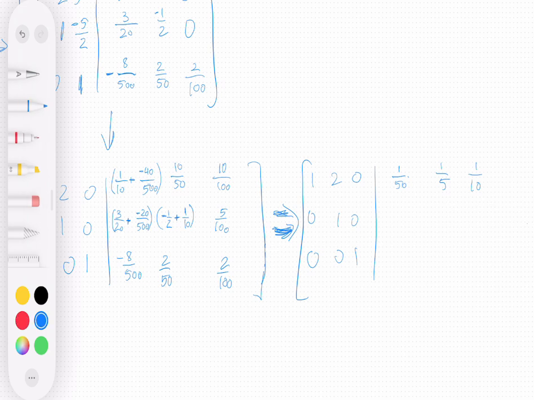Then 3 over 20 plus negative 20 over 500 is 75 over 500 minus 20 over 500, which gives us 55 over 500. And if we divide both sides by 5, that'll give us 11 over 100.